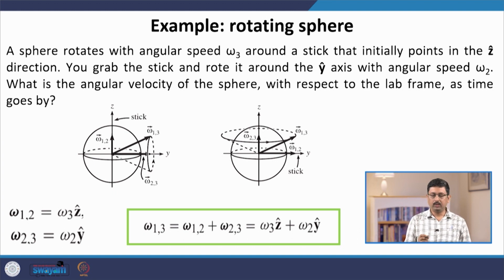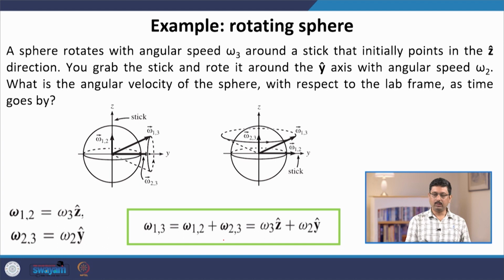So, if you want to know the angular velocity of the sphere in the lab frame, this is now doing a complicated motion. It has two rotations: one is rotation around the stick, plus the rotation of the stick around the y axis.